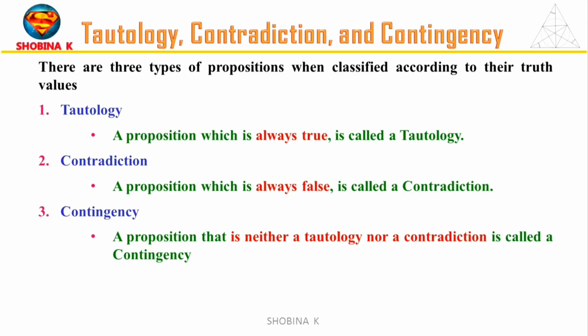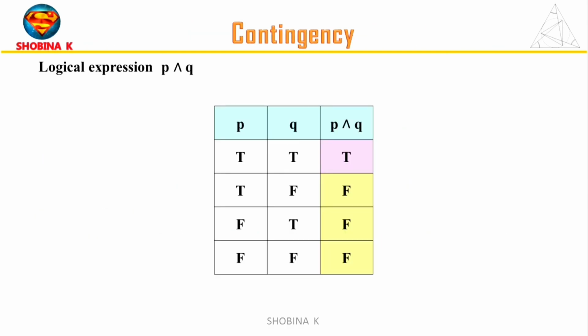It is a statement that is neither tautology nor contradiction and can be true or false based on a specific truth value assigned to its components. And here is the truth table for contingency. P and Q are propositional variables and and is a logical operator. P and Q is true when both P and Q are true, but it is false when at least one of them is false. It is a contingent statement because it is not always true or always false.